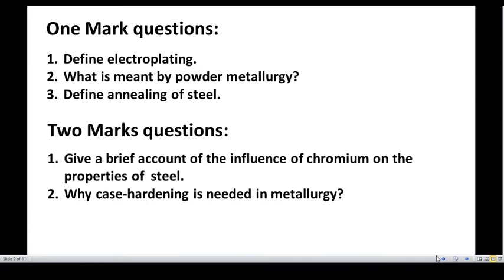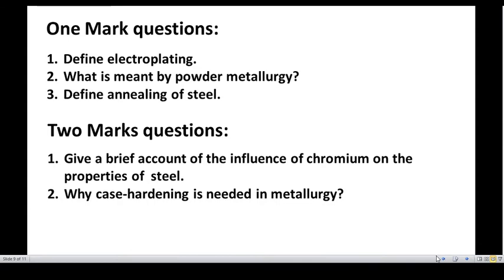And two marks questions. The first question is, give a brief account of influence of chromium on the properties of steel. You know that chromium is an important metal which influences the properties of steel. It strongly increases the hardenability of steel.